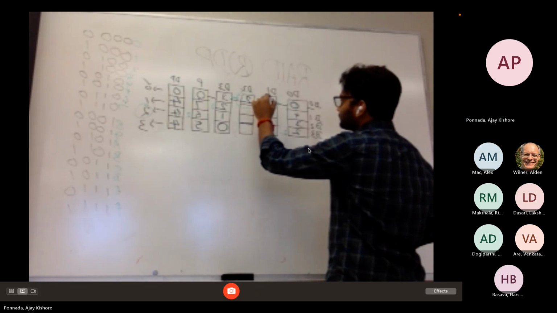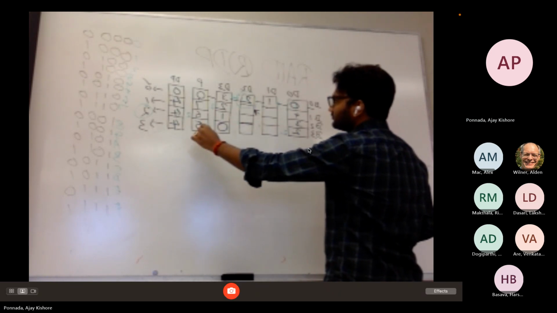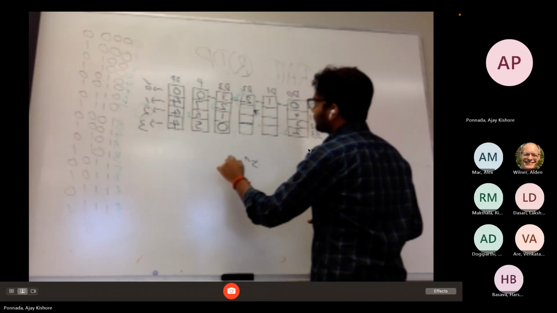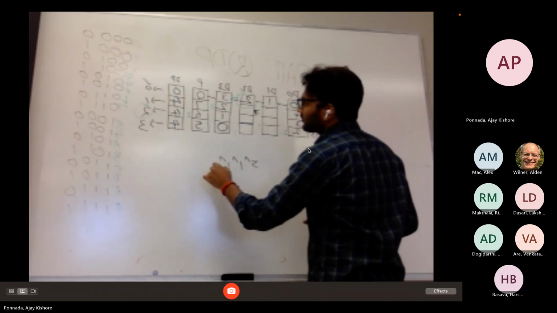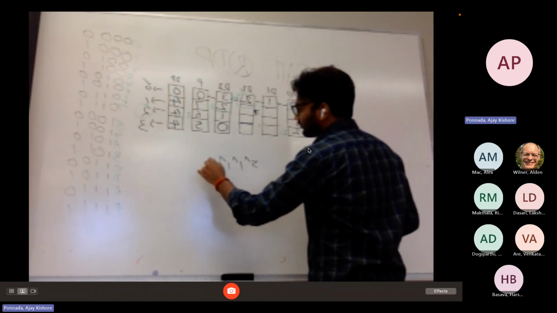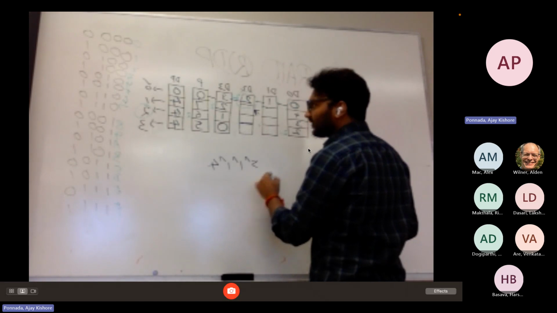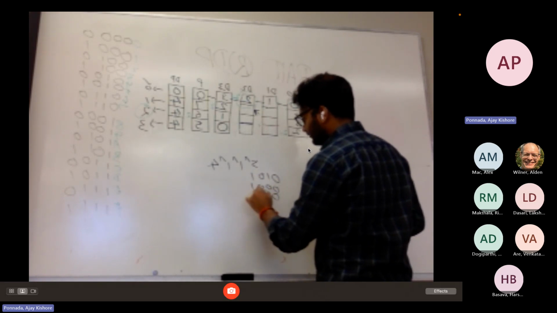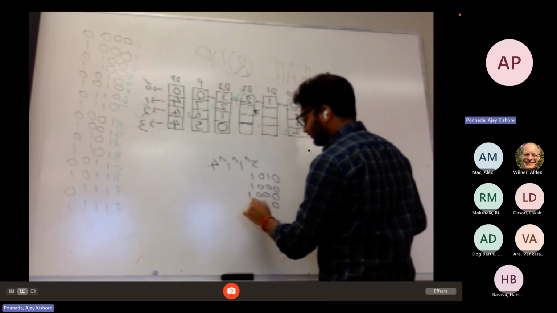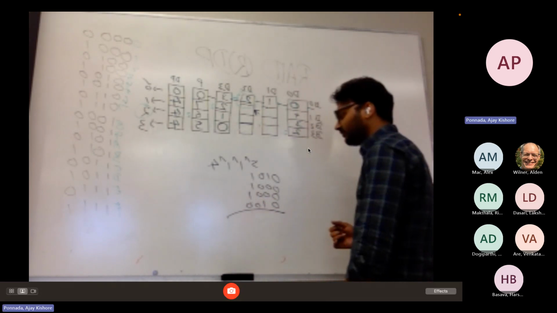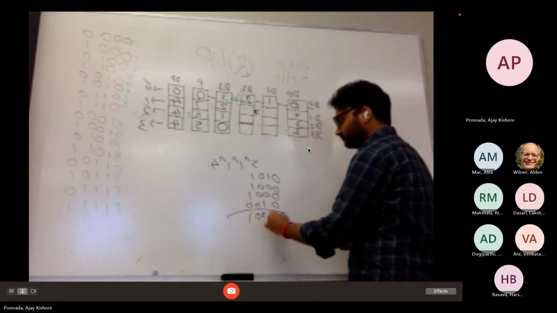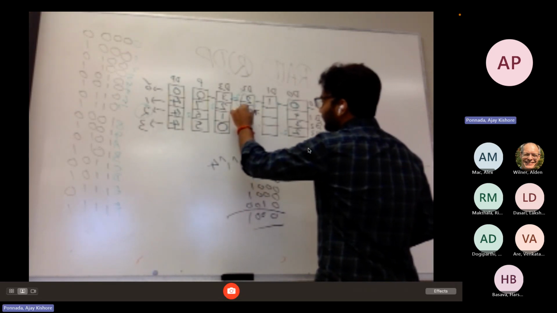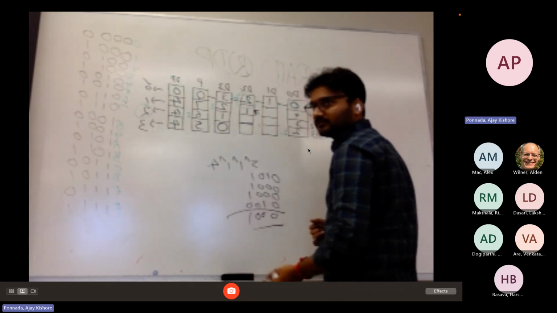How? 5 XOR 1 XOR 1 XOR 4. 4 are there, yeah. So what's 5? 0 1 0 1. What's 1? 0 0 0 1. What's 1? 0 0 0 1. What's 4? 0 1 0 0. What's the XOR? So it's 1. So we have reconstructed this one right there.